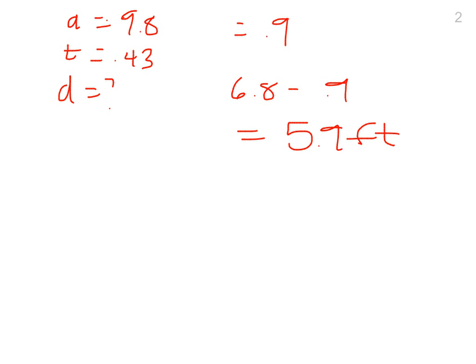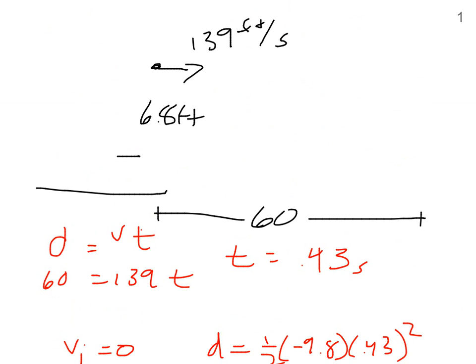How far did the ball drop? I think that's the 0.9 feet, so let's see if I did that correctly. Something's not right. Hold on, let's go back up and see what happened. What did I forget?